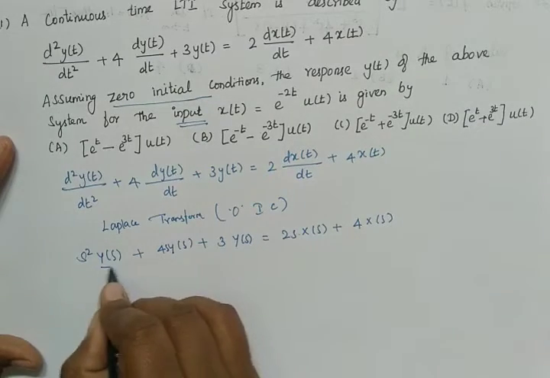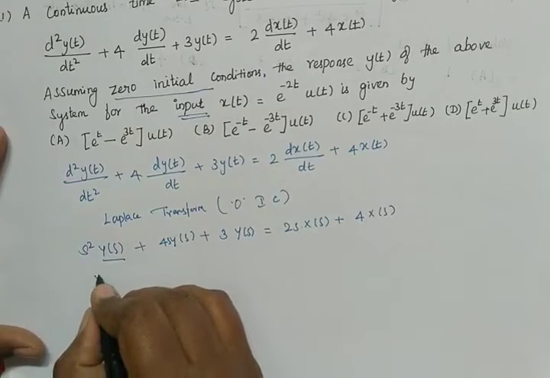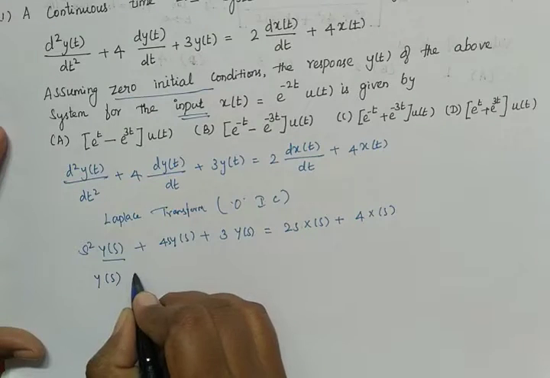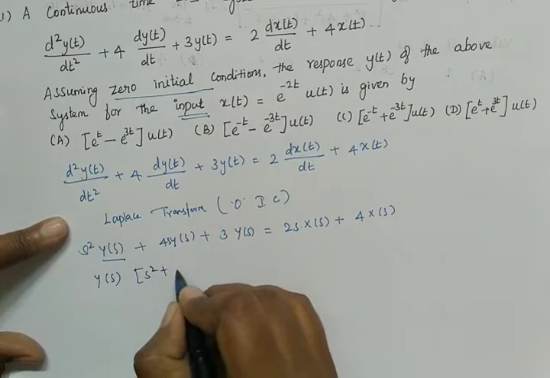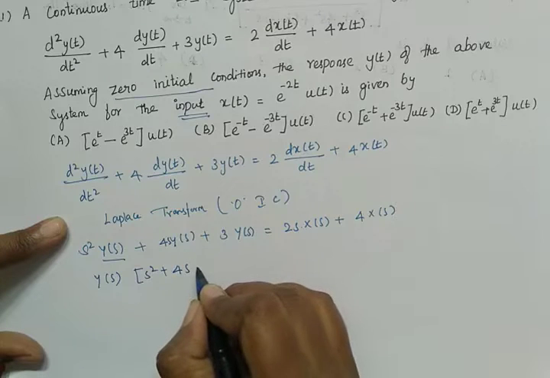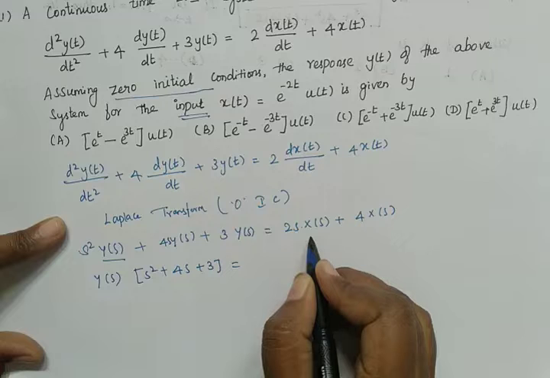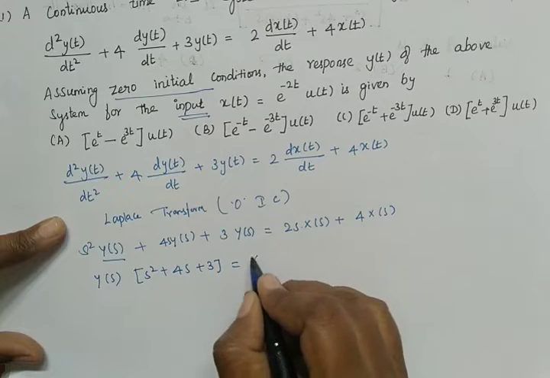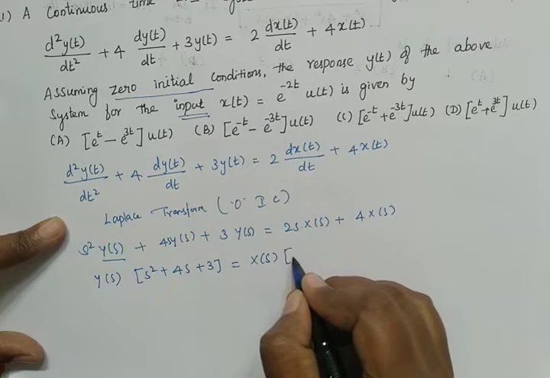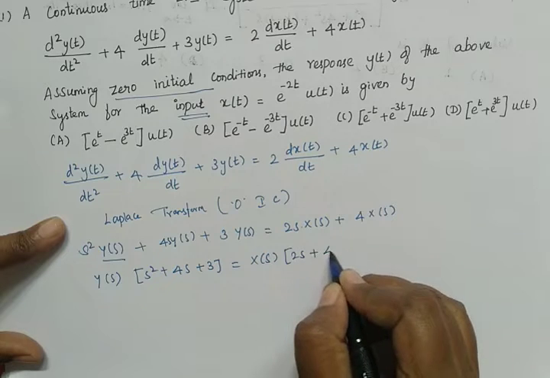Now let us take y of s common here. So we can write this as y of s into s square plus 4s plus 3, which is equal to x of s common, 2s plus 4.